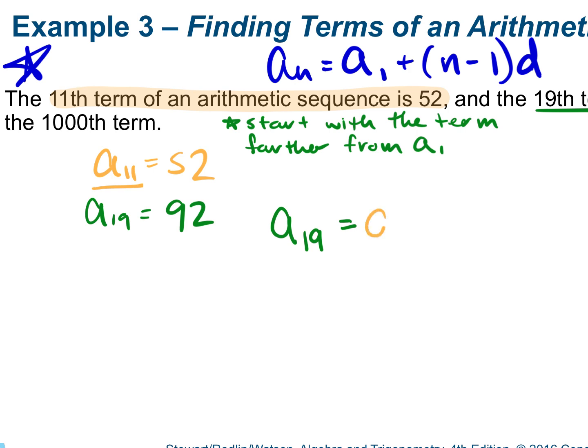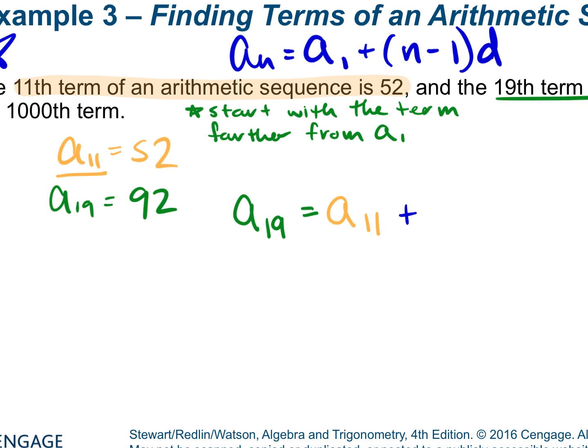So I'm going to say a sub 11 plus, now instead of the formula, which is n minus 1, notice how I substituted in 19 into n, and I substituted 11 into our a sub 1. So instead of doing n minus 1, I'm going to do 19 minus 11. So in our parentheses here, we have 19 minus 11.